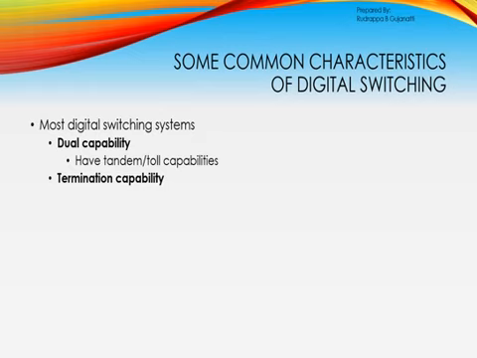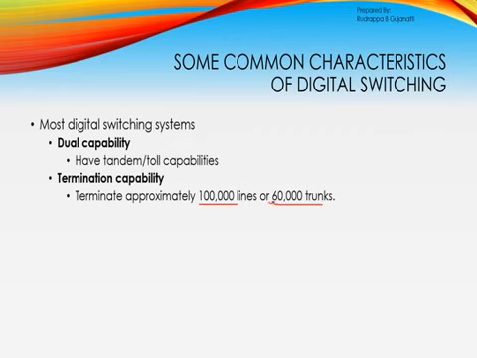Then there is some termination capacity which is involved with the digital switching system. Generally the termination capacity is around 100,000 lines to 60,000 trunks. That is the termination capability which has to be present for a digital switching system.